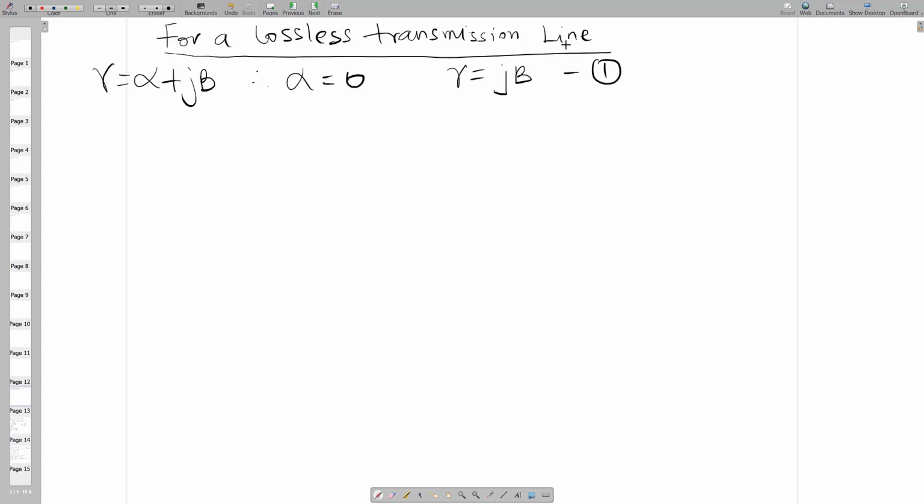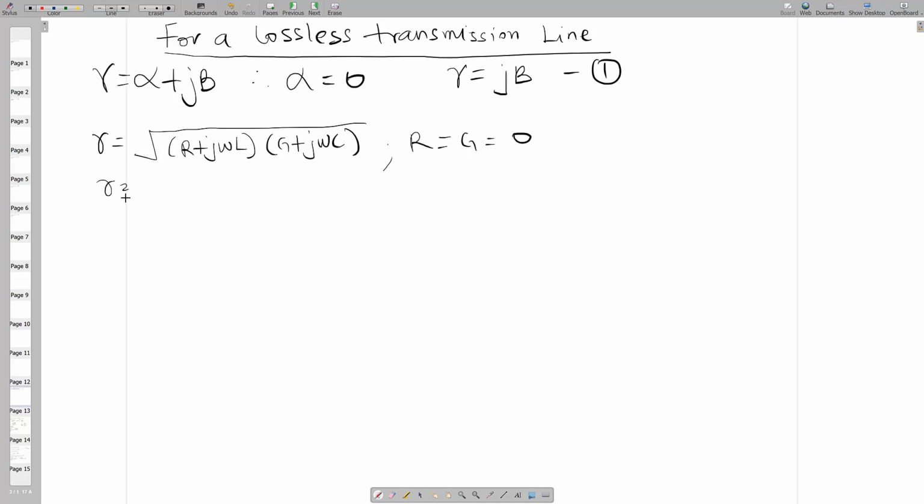Let's say this is equation 1. But we also concluded that the propagation constant was equal to root of (r plus j omega l) multiplying (g plus j omega c). Again, if the transmission line is lossless, that means the real part is 0, so r and g are equal to 0.